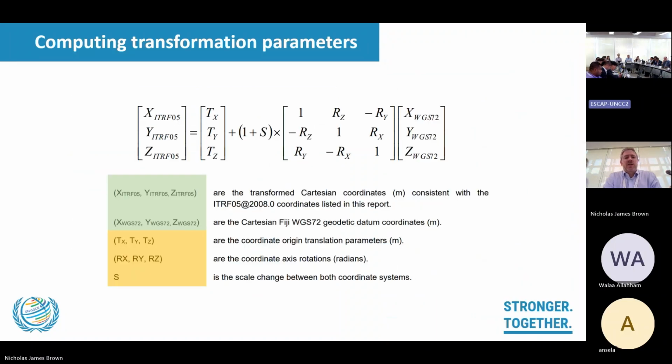And then, as I showed you before, we're applying our model, our transformation parameter model, and doing the inversion where the ITRF 2005 coordinates are on the left-hand side and the WGS72 coordinates are on the right-hand side. And we're solving for the translations, the scale, and the rotations.